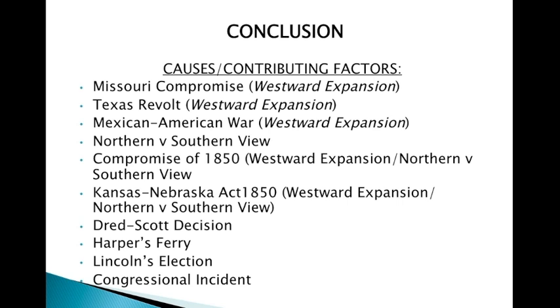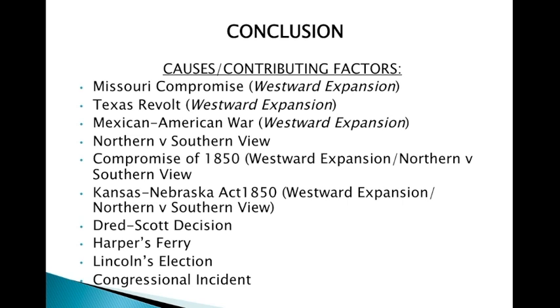There was also the Texas Revolt. America gains new territory because it annexes Texas into America. And so there is a concern over whether Texas is going to be free or slave. It ends up being slave, which adds to the political power of the southern slave states.